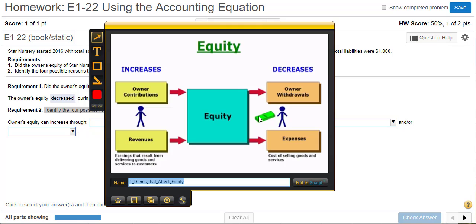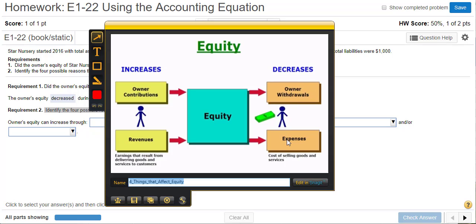All right, now there are 2 things that decrease equity. Owner's withdrawals. A withdrawal is when the owner takes money out of the business and spends it on personal use. So the owner is not spending it on the business. The owner is spending the money on personal use, like paying his or her mortgage or buying groceries.